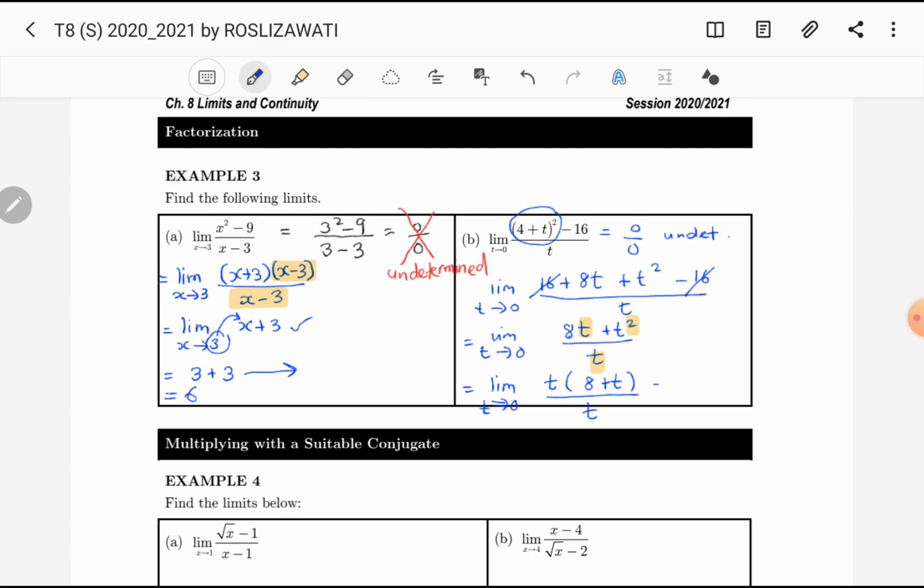So it equals limit t approaches 0, 8 plus t only.